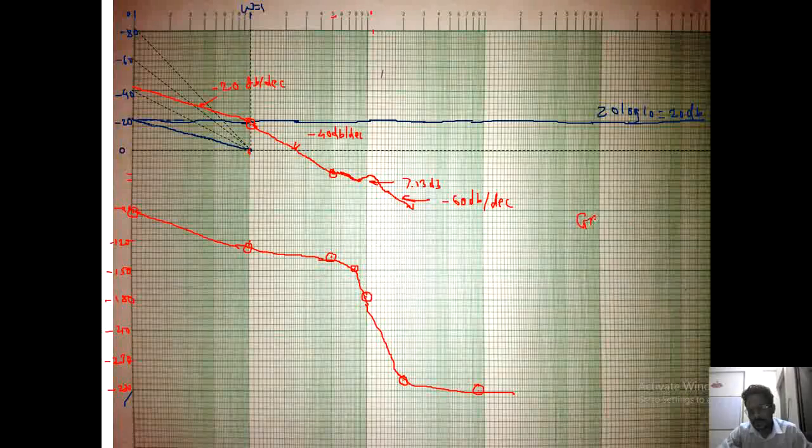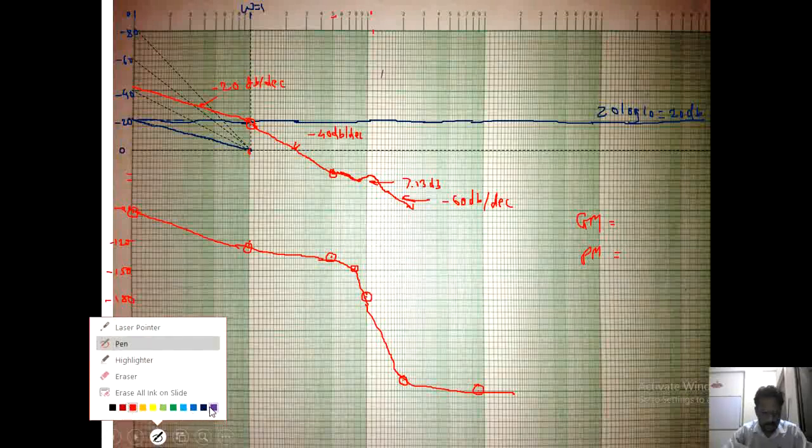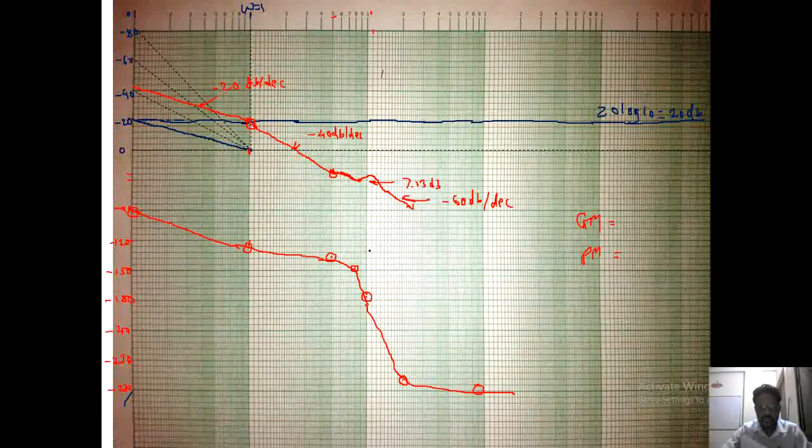Now GM and PM, gain margin and phase margin. For gain margin, this is the reference line for the phase plot. Where the 180 line intersects the phase plot, go upward, and the distance between the 0 line and the magnitude peak gives the gain margin.